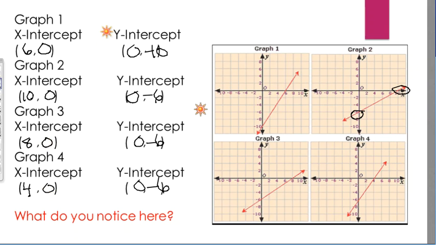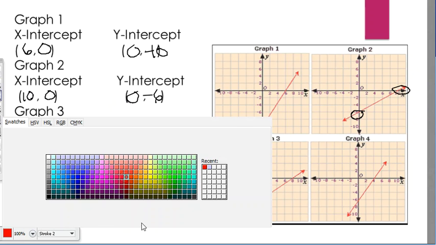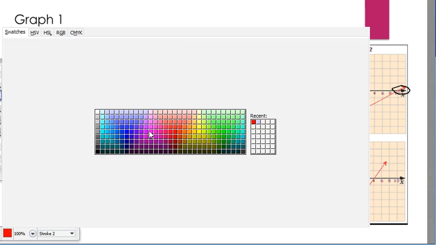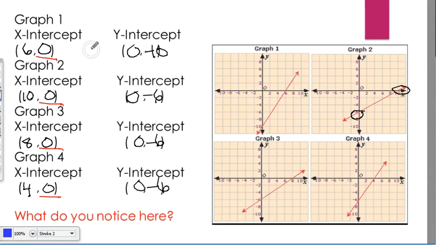And what about for the y-intercept? What do you notice here? If you look at each of these points for the y-intercept, do you see that the x-coordinate is 0? You can see for our x-intercept, our y-coordinate is always 0. And for our y-intercept, the x-coordinate is always 0.